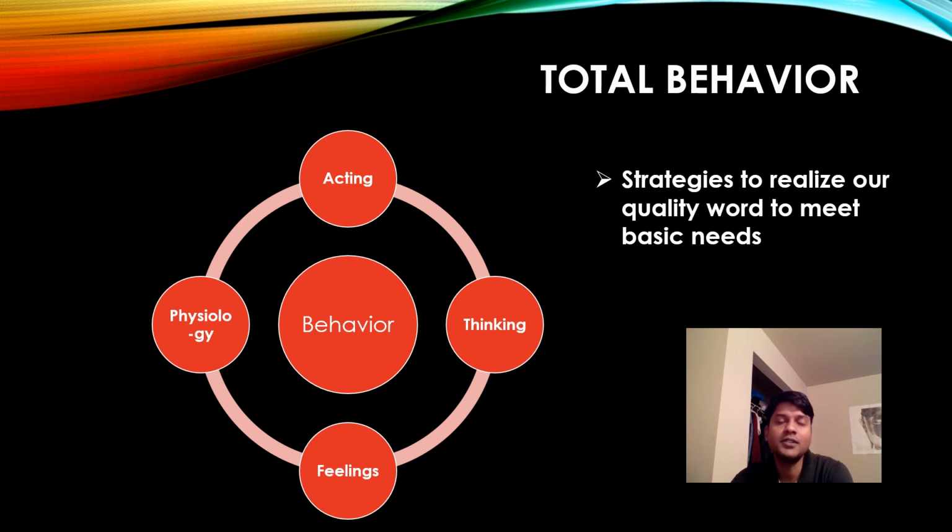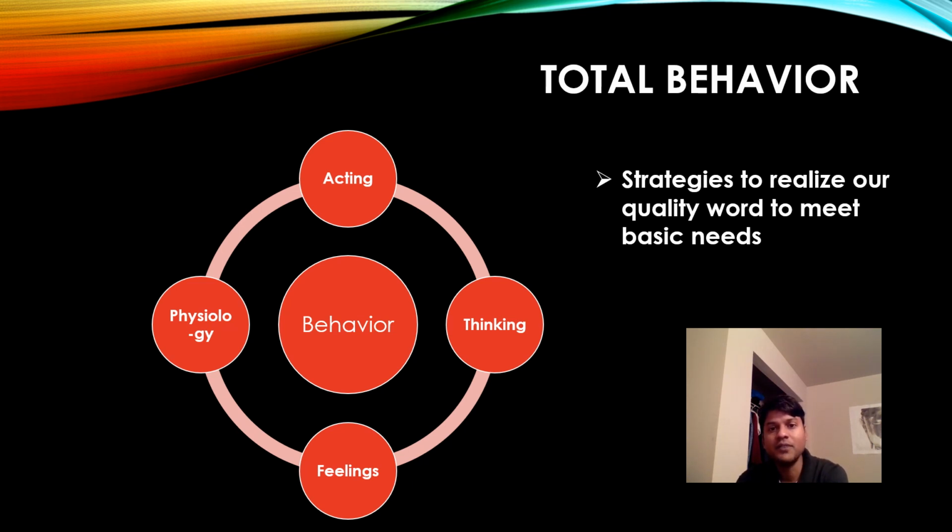Simultaneously, my physiology is pumped up, my heart rate is up, my muscles are working, I'm sweating. So this is my total jogging behavior, where all these four components are present. But we name the behavior after the most salient component, and acting is the most salient component in jogging, so that's why we named it jogging.